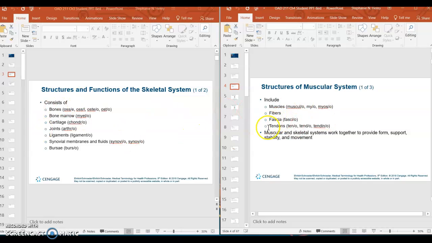So, how many of us have heard of tendons and ligaments? But here in these 2 chapters, as you go studying them this week, you'll get to know that ligaments are the structures that attach bone to bone, and then tendons are the structures that attach bone to muscle or muscle to bone. So there again, you can see why it is a good idea to study these 2 chapters together.